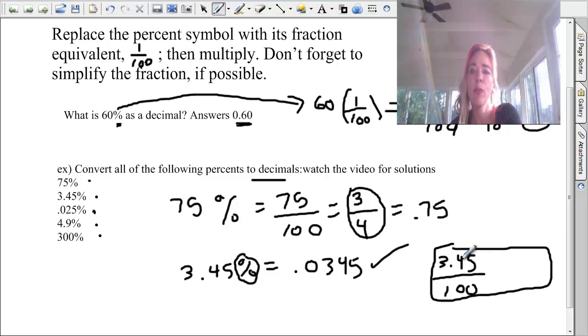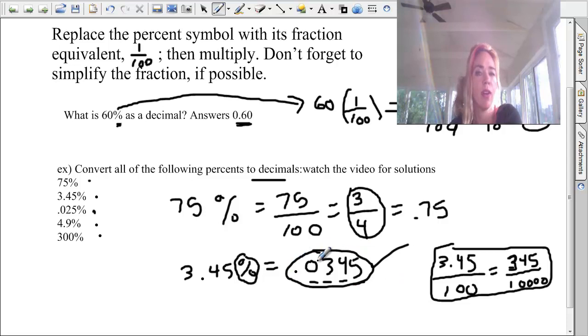If I say 3.45 out of 100, it's awkward to have a decimal in the numerator of your fraction, so I'll multiply top and bottom by 100. Well, that's equivalent to 345 out of 10,000. So even if I think about it doing it that way, I'm still going to arrive at the same value, 345 10,000ths. So tenths, hundredths, thousandths, 10,000ths, see? So either way, I'm still arriving at 0.0345.